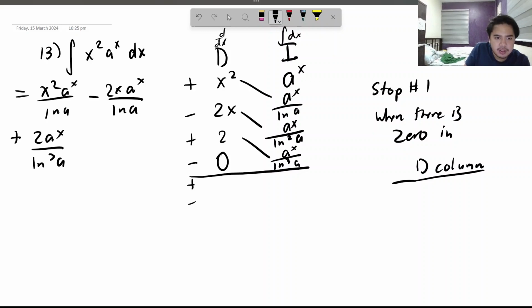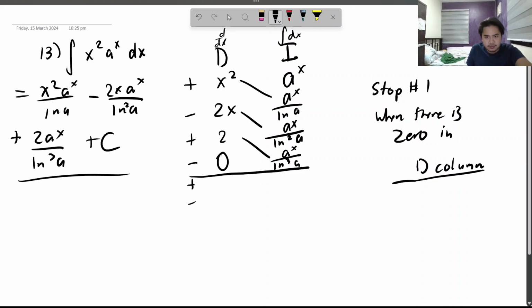Sorry, I put squared here, ln squared a there. And then 0, there's nothing here. We just put plus c. And that's how you do it. Is it shorter? Is it longer? You decide. But I prefer this method because it's much shorter and easier than the traditional method.